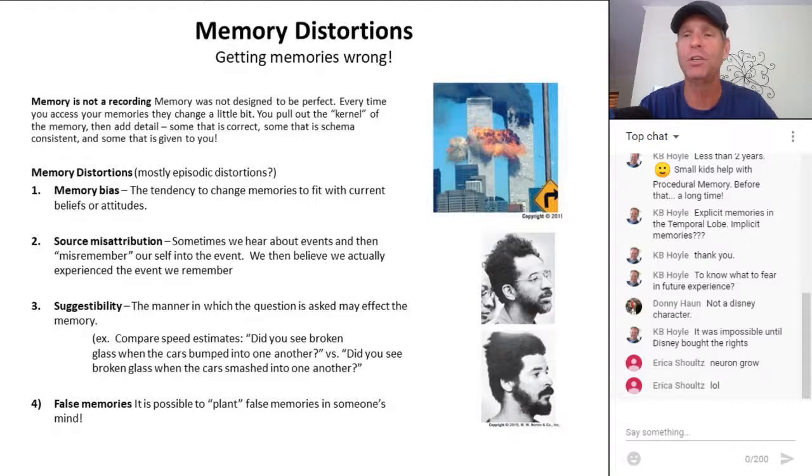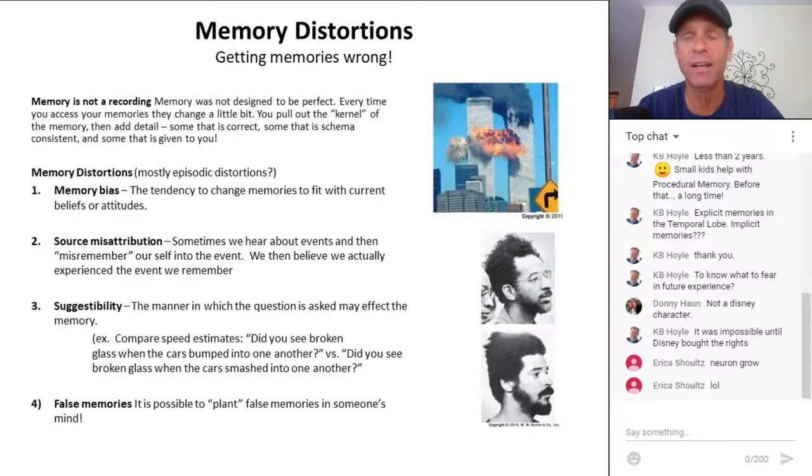But I want you to know that as a general rule, memory was not designed to record the past perfectly, but to guide us in the future. And I want you to know that our schemas, our beliefs, our expectations, and the way in which people pose questions or the environments in which they posed questions can really alter our memories and make them less than accurate.